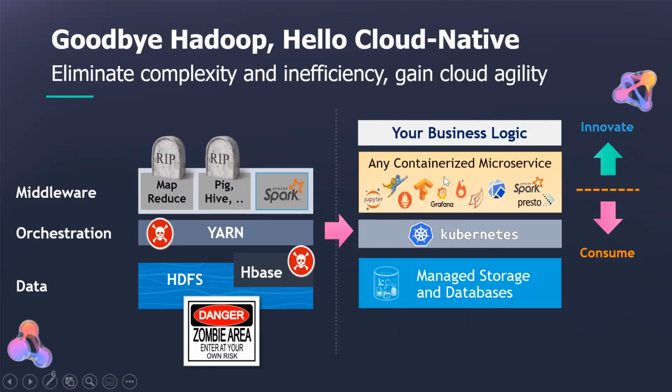So the migration today is from those relatively complicated, batch-oriented setups to a stack that looks like the one on the right. So having managed storage and managed databases, whether they're in the cloud or on premises, like the NetApp storage systems.